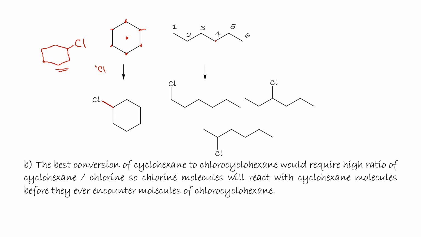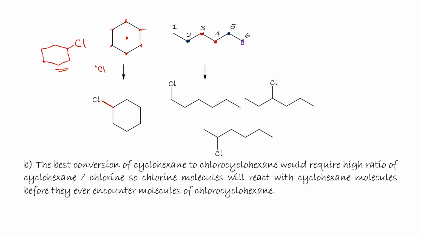Looking at hexane, CH2 on carbon 3 and 4 are identical. CH2 on 2 and 5 are different from 3 and 4, but they are identical to one another. They are the same.